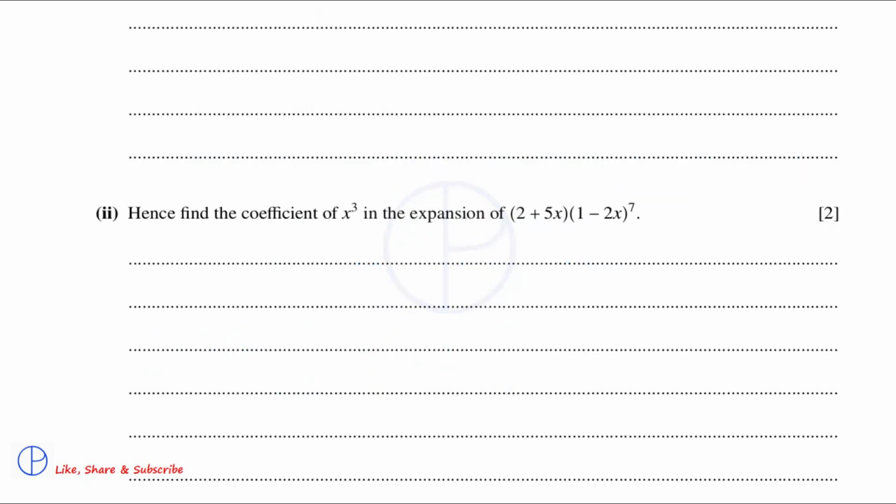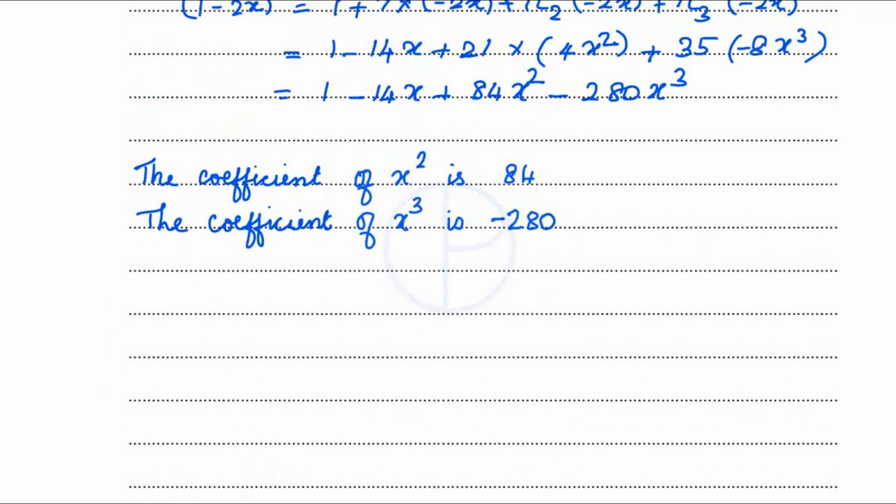The next part of the question is find the coefficient of x cube in the expansion of 2 plus 5x times 1 minus 2x the whole power 7. For that we will substitute 1 minus 14x plus 84x square minus 280x cube.